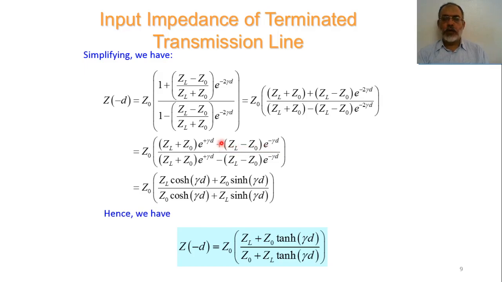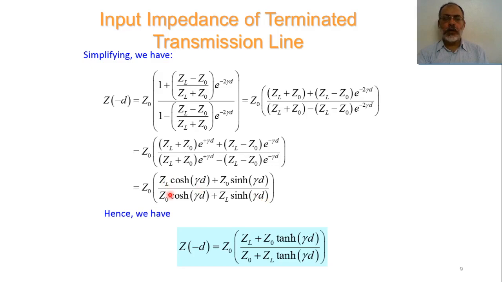And because we have a factor 2 in the numerator and a similar factor 2 in the denominator, we can show that the input impedance at a distance d from the load would equal Z naught multiplied by Z load cosine gamma d plus Z naught sin gamma d over Z naught cosine gamma d plus Z load sin gamma d.